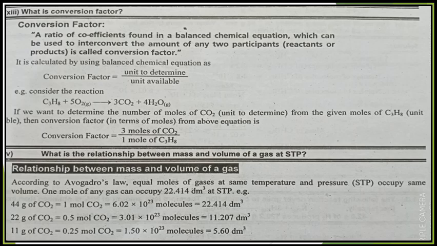Now again a very simple question: what is the relationship between mass and volume of a gas? I think you can take these questions from the book yourself. For your ease, 44 grams of carbon dioxide is equal to 1 mole, which is equal to 6.02 × 10^23 molecules, which is equal to 22.414 dm³. If we say half a mole of carbon dioxide, the mass will be half, and the number of molecules will be half.